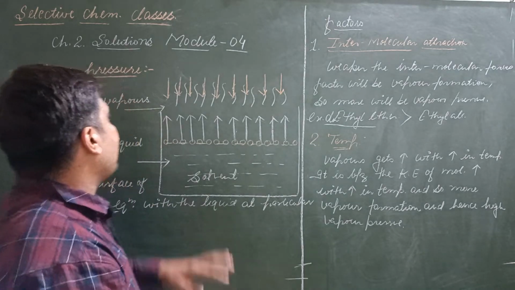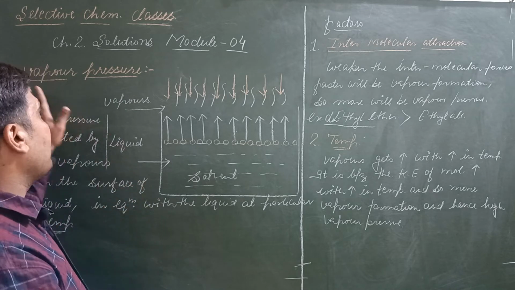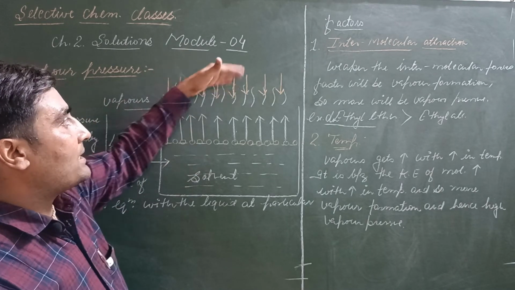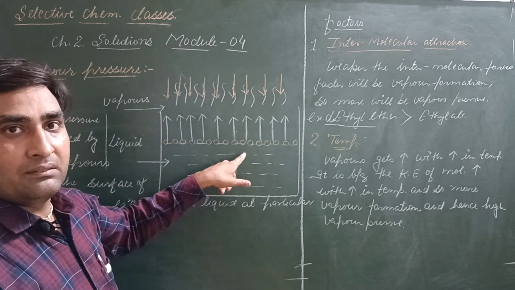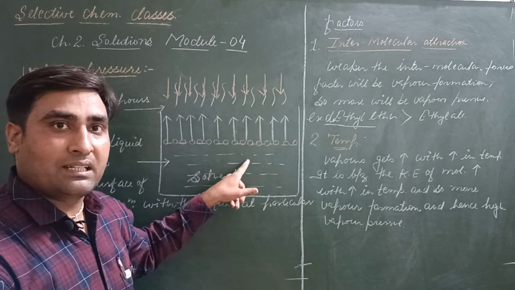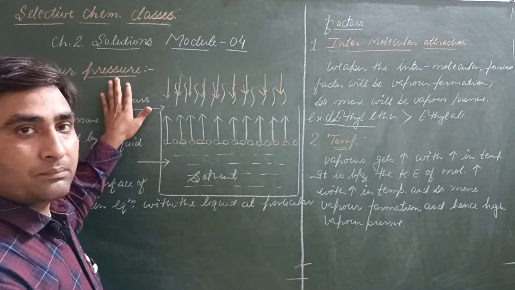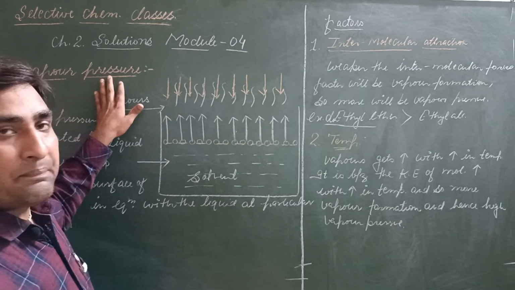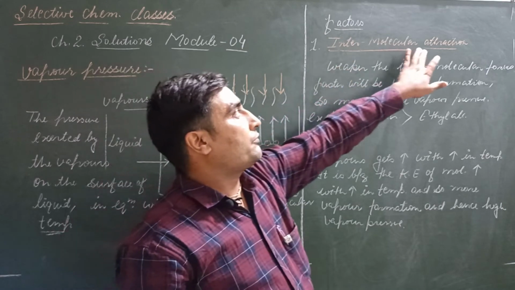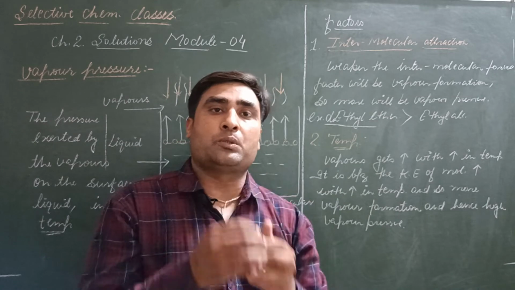I am again taking the vapor pressure term. This is a very general term. The vapor pressure is defined as the pressure exerted by the vapors on the surface of liquid when the vapors and the liquid are in equilibrium with each other at a particular temperature. The vapor pressure depends on different factors. The first factor is intermolecular force of attraction, the force which holds different molecules.